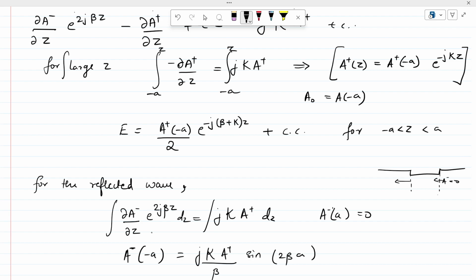This term I moved here and then integrated it. So dou A by dou z will be A minus of minus a minus A plus of minus a minus of plus a, and then the integral of e power 2 theta is sine. That's how we get the sine term.